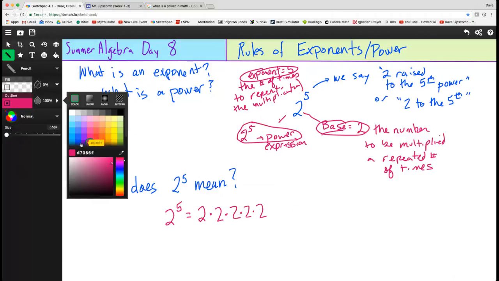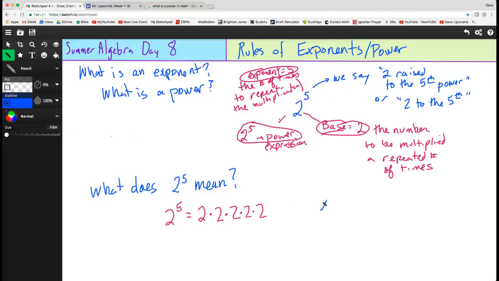Let's do 2 more just to make sure we really get it. So if 2 to the 5th means 2 times 2 times 2 times 2 times 2, then x to the 3rd means x multiplied together a certain number of times. It means x times x times x. And then our final example will be something just to make sure you really get it.